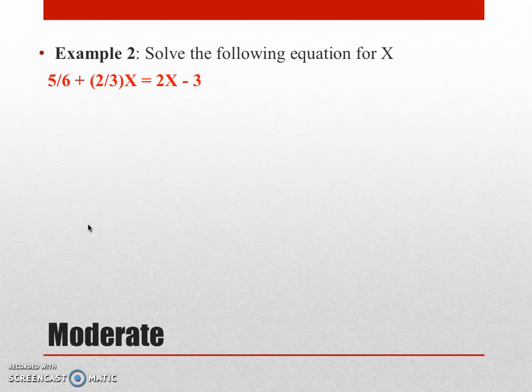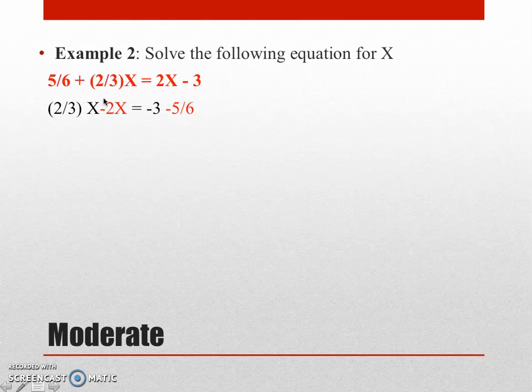We can just move terms from one side of the equation to the other side, and just for doing that, we need to only change the sign of that term. So here we can keep the 2 over 3x, and then we can move 2x, which is our other variable term, to the left side of the equation.